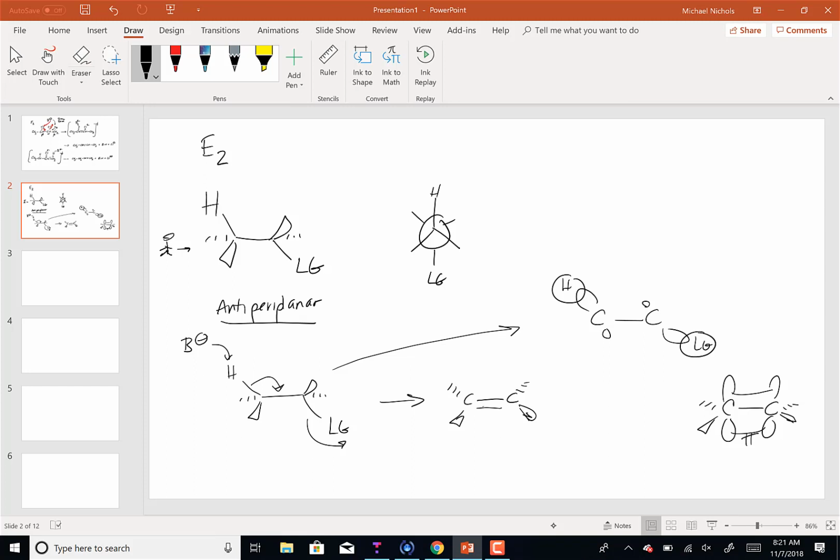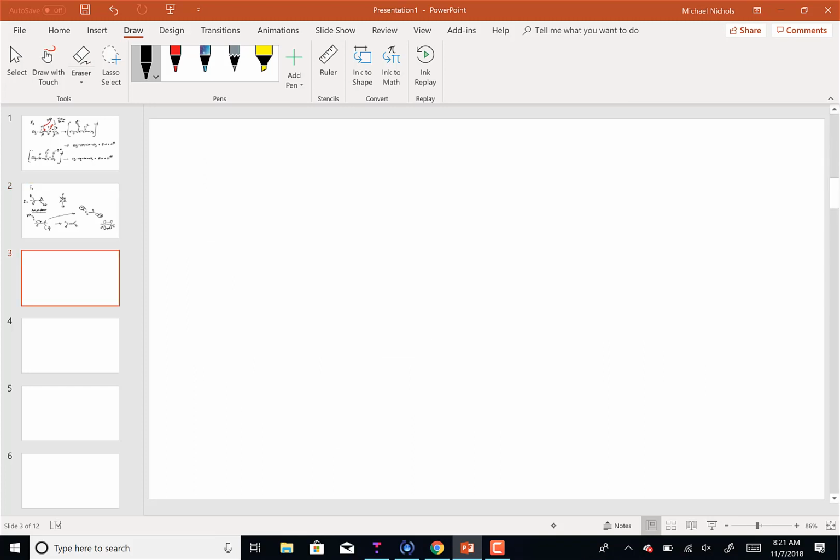Now I want to contrast that with E1. Because in an E1 reaction, do I have that restriction? Hopefully the answer is no, because if I had that restriction, it probably would have been something that we needed to talk about on Monday.